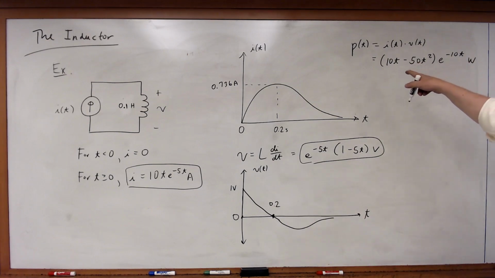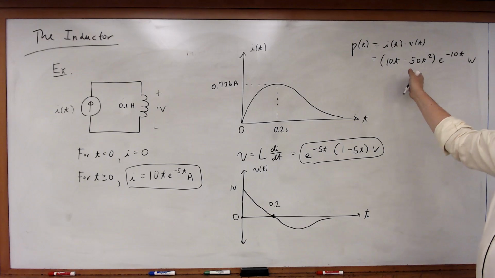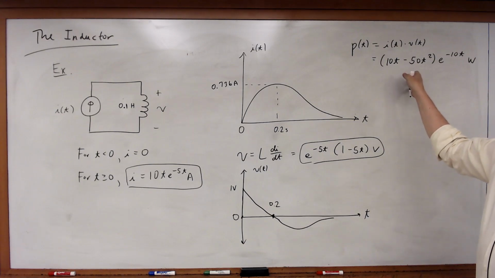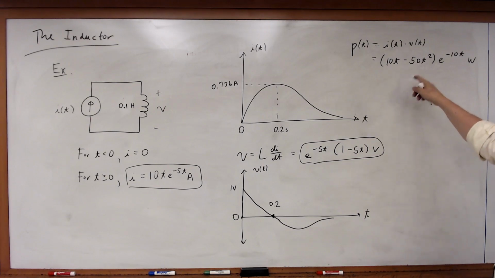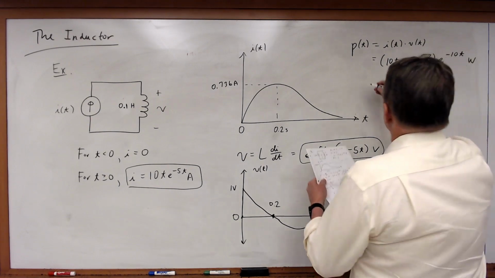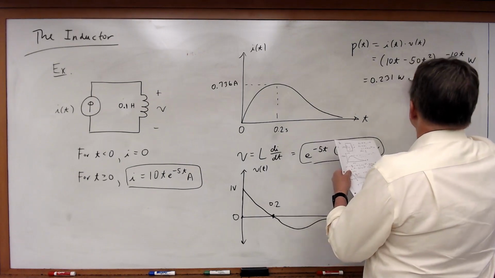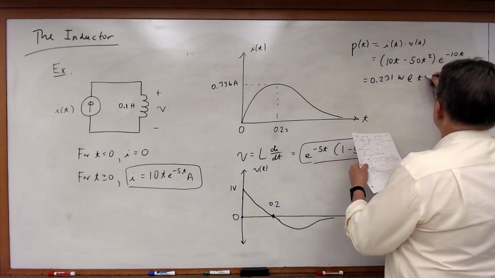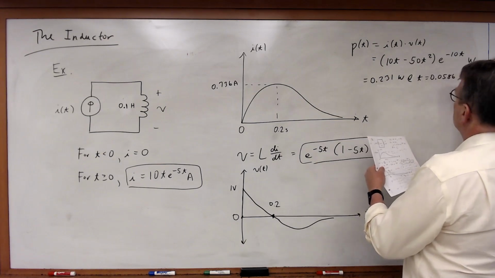And if you look for the maxima and minima of this function, and you can of course do that by taking the derivative and setting it equal to 0, which incidentally is very easy to do in Mathematica or MATLAB, what I'll find is this is equal to 0.231 watts at t equals 0.0586 seconds.